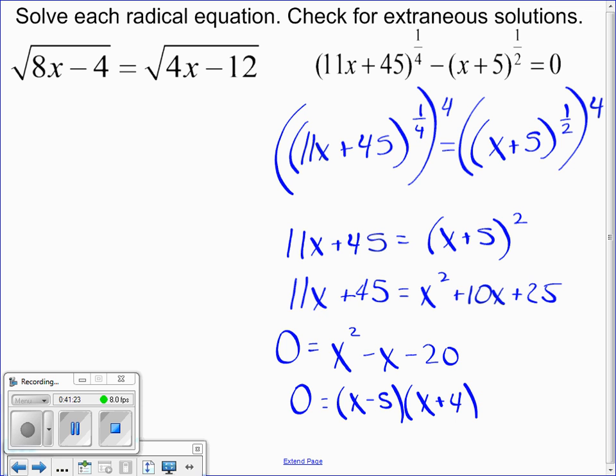So then x equals 5 and negative 4. Feel like we should check that? Yeah, I probably would. So if we check that, again, grab the calculator. Let's type it in, see what happens.